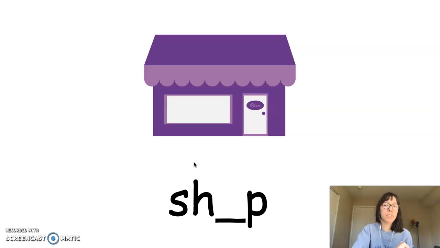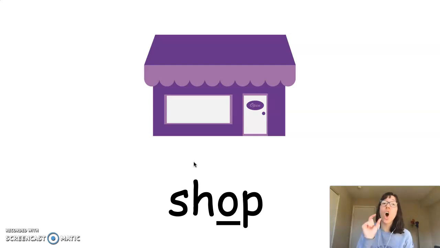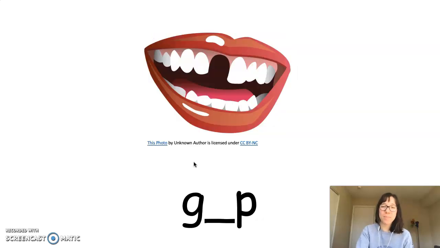Did you hear the middle sound? I'll do it one more time. Shop. Sh, o, p, shop. Good. The middle sound in the word shop is aw. We know that the letter O says aw when it's saying its short sound, which means that the letter we're missing is O. Good. Let's do another one.